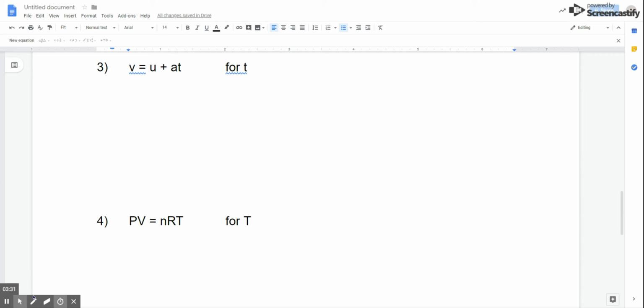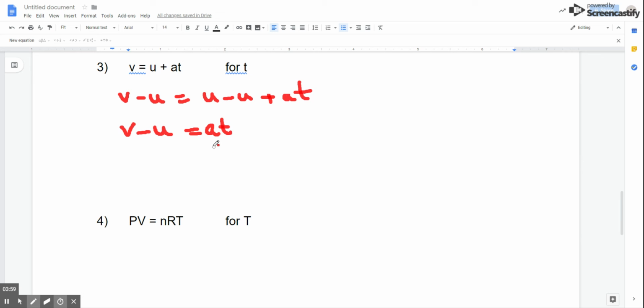V equals U plus AT, for T. We're keeping AT alone on one side of the equation, so we're going to subtract U from both sides because there's a positive in front of that U. So we're left with AT alone on this side of the equation and V minus U on the other side.